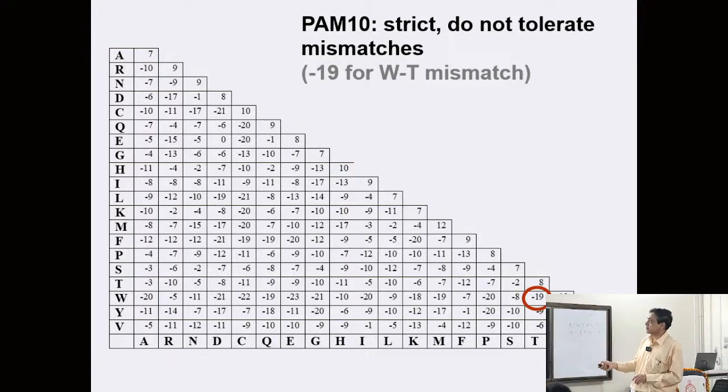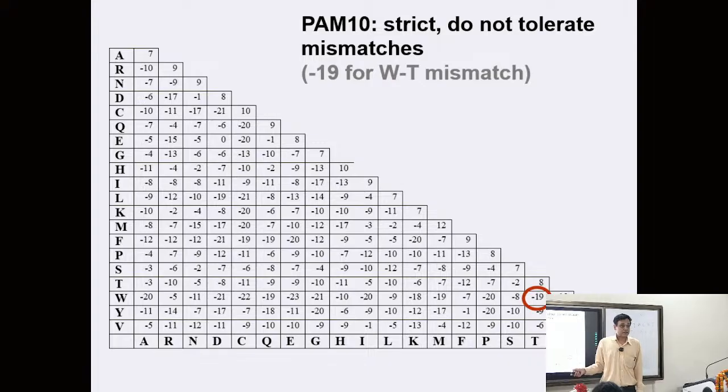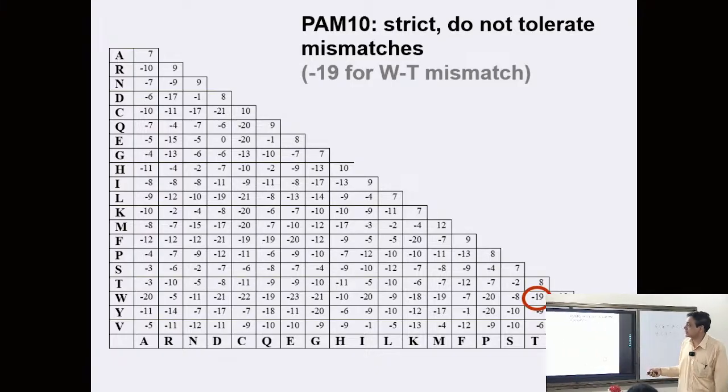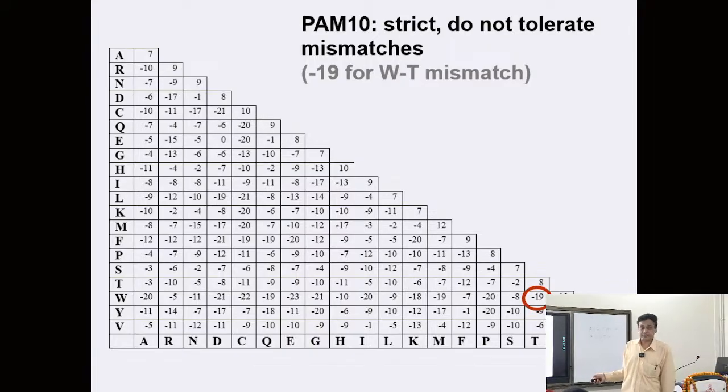So this is PAM10, and if you look for the score for tryptophan, which is W, with T, W is tryptophan, T is threonine, yes, right. That gets a score of -19.